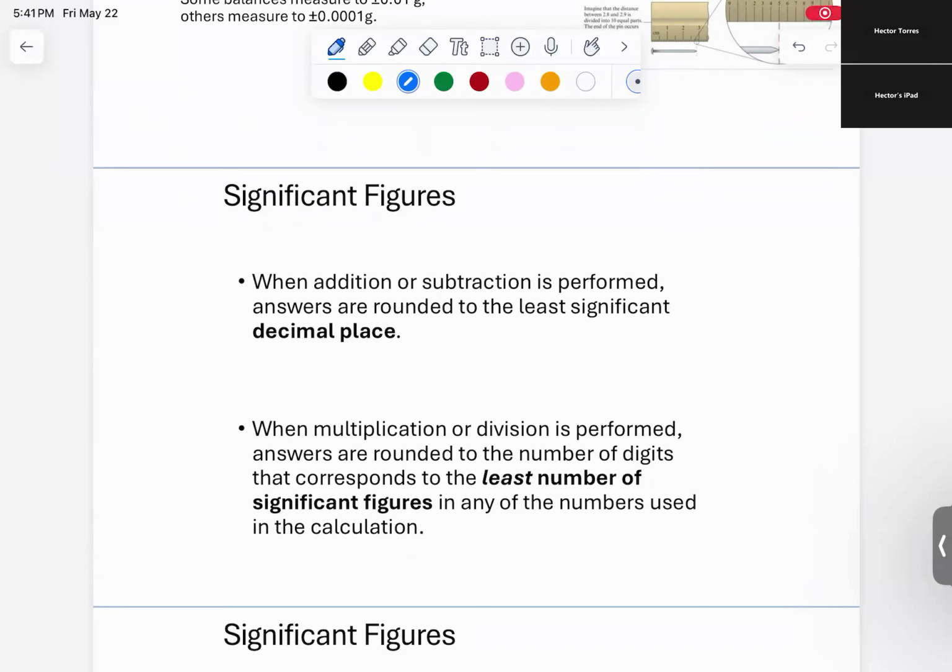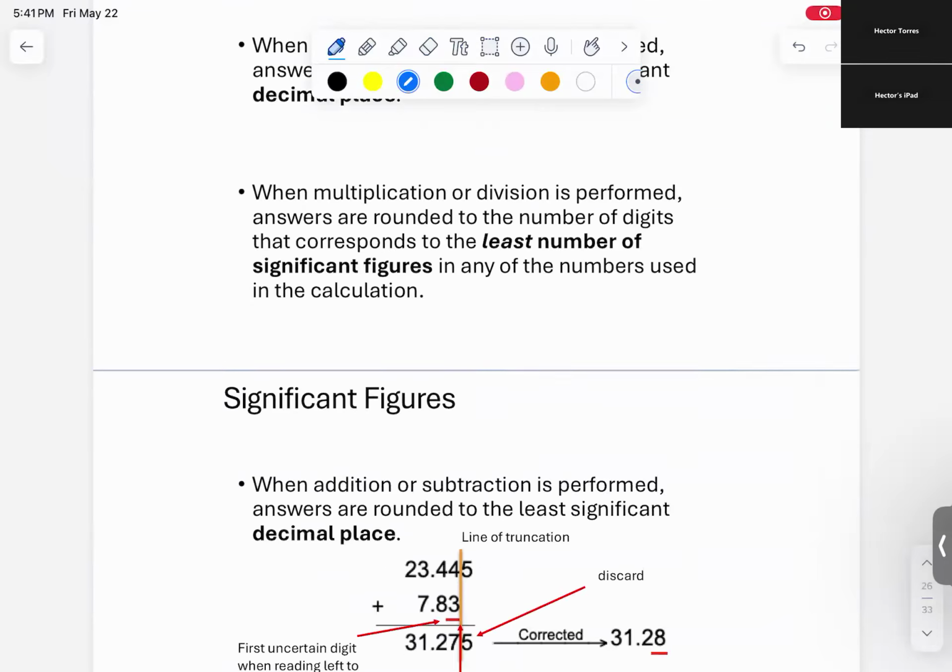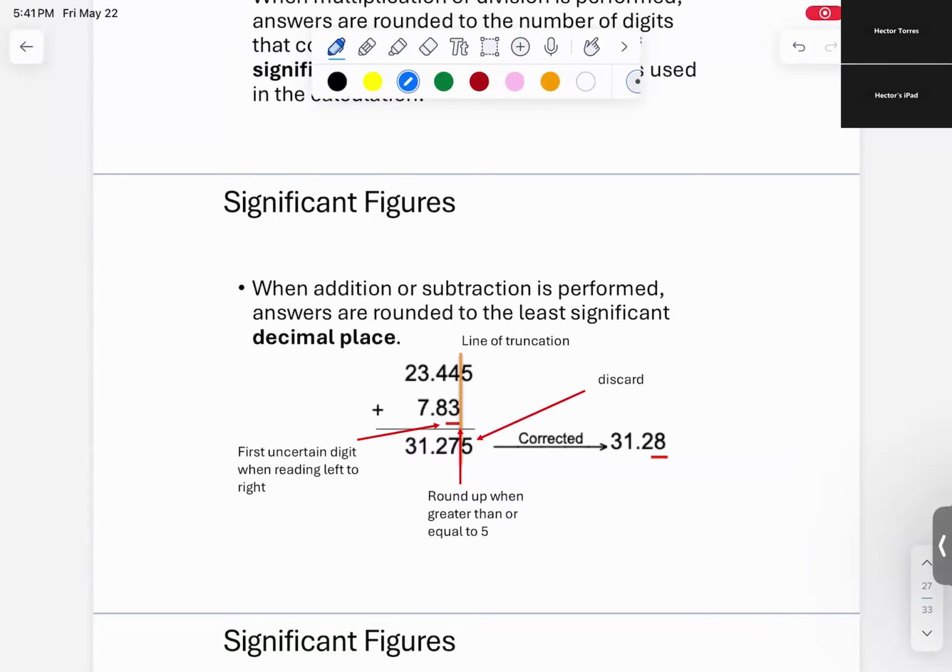There are rules for addition and subtraction and rules for multiplication, and we're going to go through both of them real quick. When you're adding or subtracting, you're going to look at how many numbers you have for each of them, and most importantly, how many values there are after the decimal point.